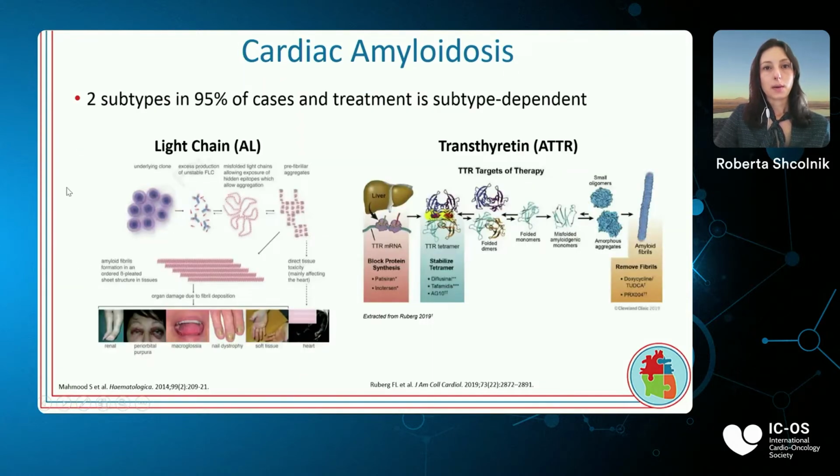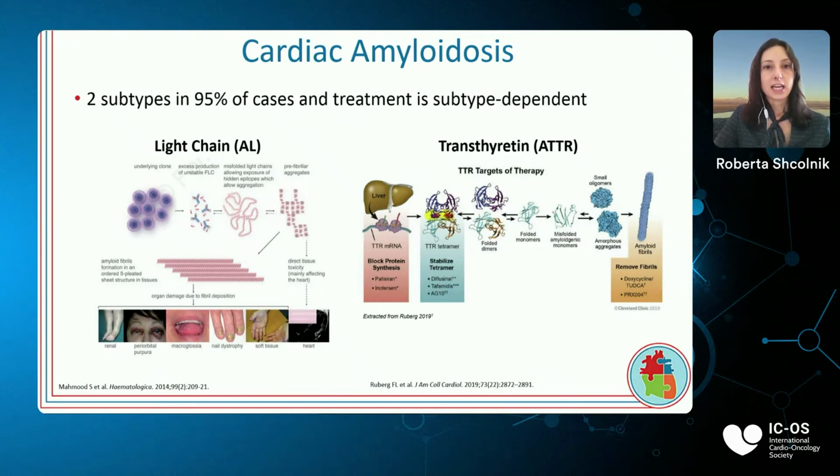But when we talk about cardiac amyloidosis, we're talking mainly about two subtypes: light chain amyloidosis, named AL amyloidosis, or transthyretin amyloidosis, named ATTR. These two subtypes of the disease are totally different in their way of causing damage to the organ, and also in their form of treatment.